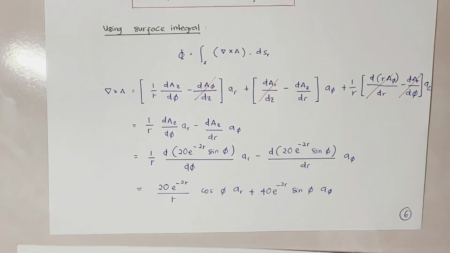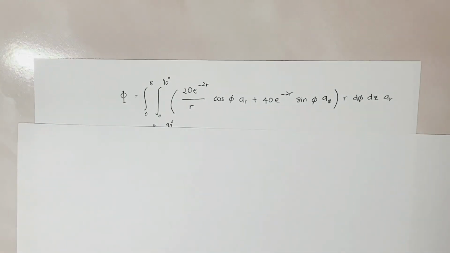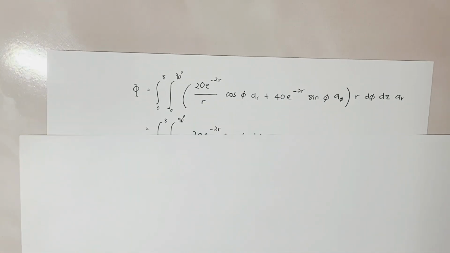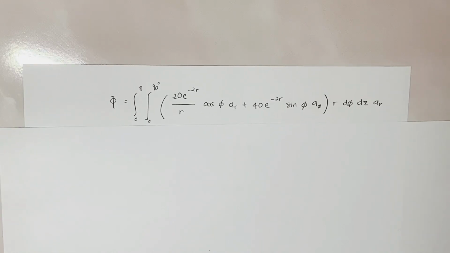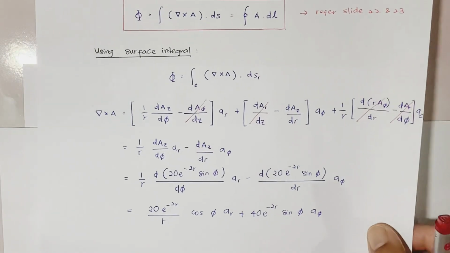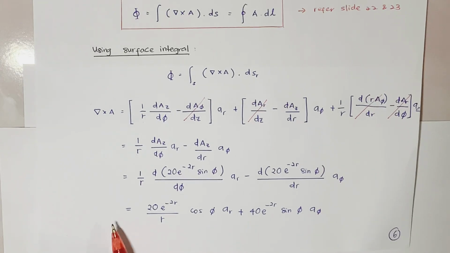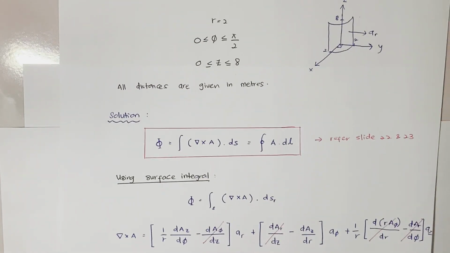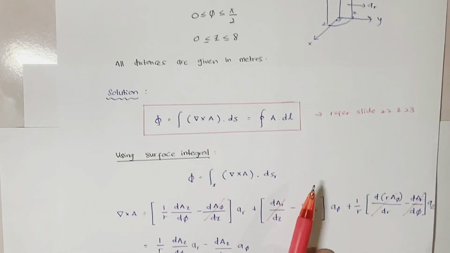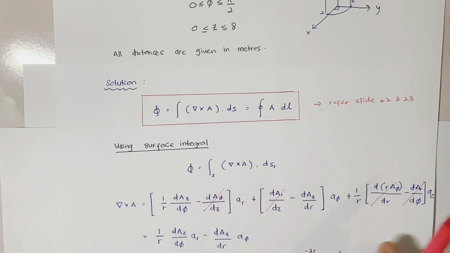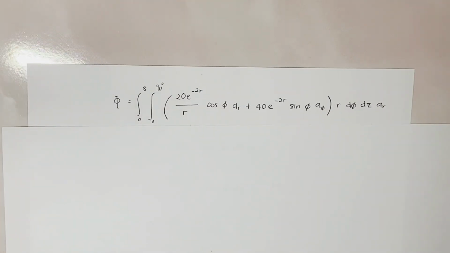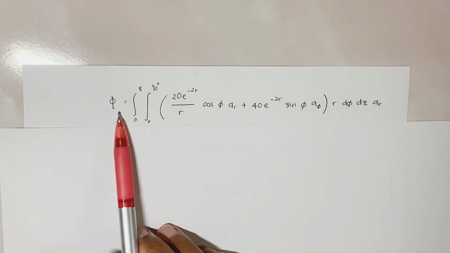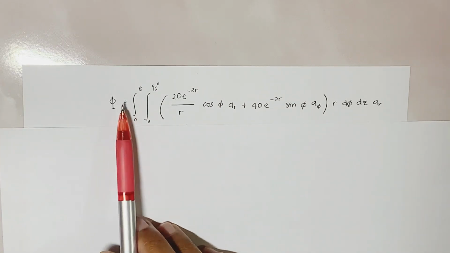And then, okay, after you already have the value of the equation of del cross A, you can substitute into this equation again, this one, del cross A. So that's why after you substitute, you can find the magnetic flux here.